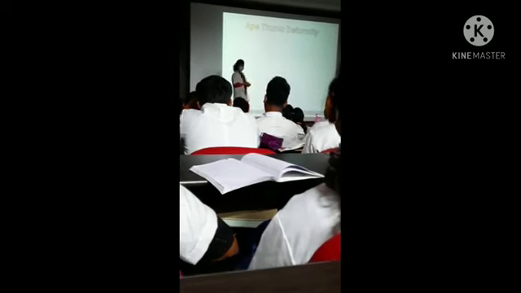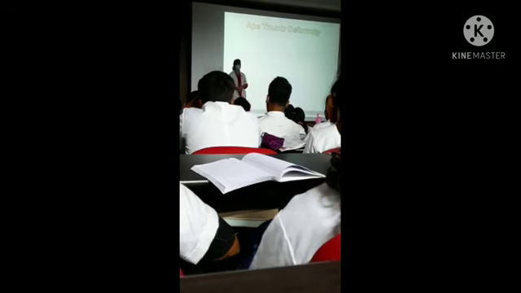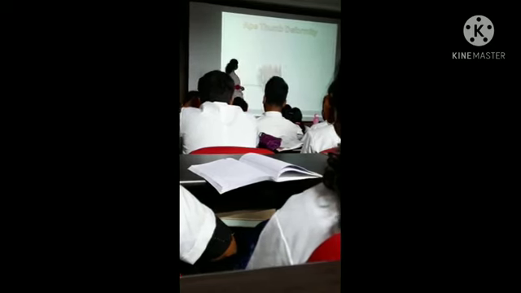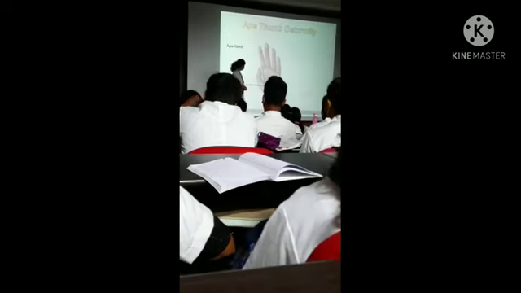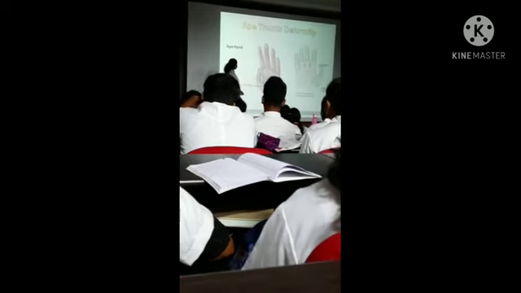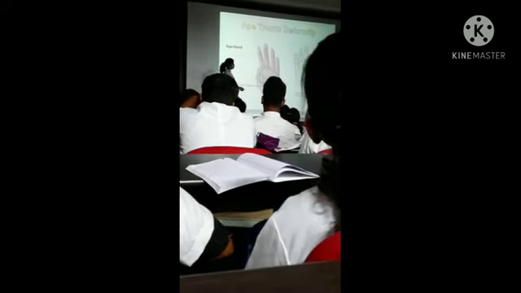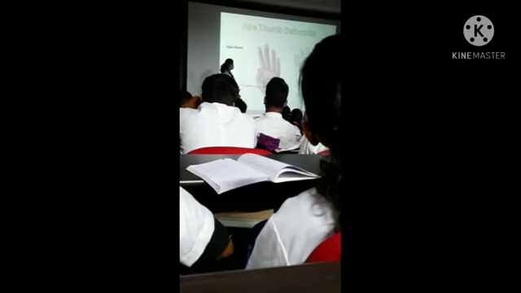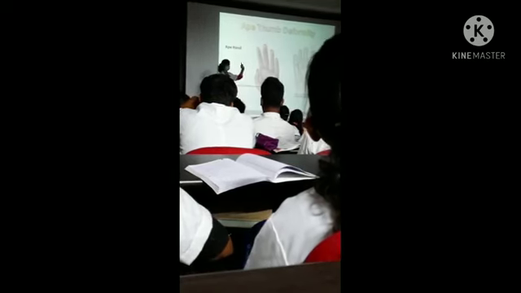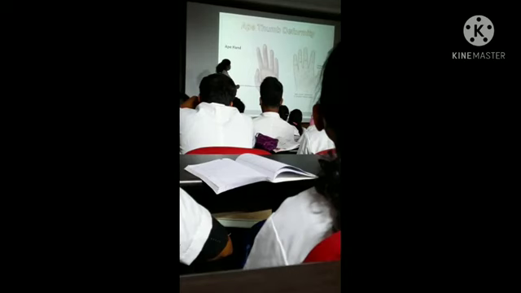Ape hand deformity is a clinical feature for this, where the superficial median nerve will be cut. At that time, the thenar muscles will become paralyzed. So the thumb cannot be abducted nor opposed. This is what happens in ape hand deformity.